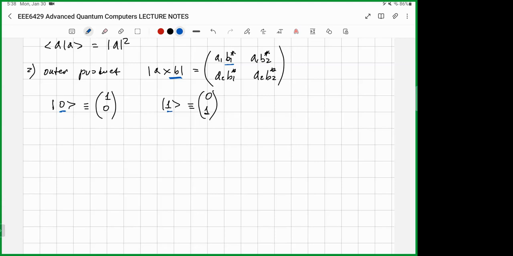And we can say that, for example, let me draw this picture here. This is the state 0 and this is the state 1.